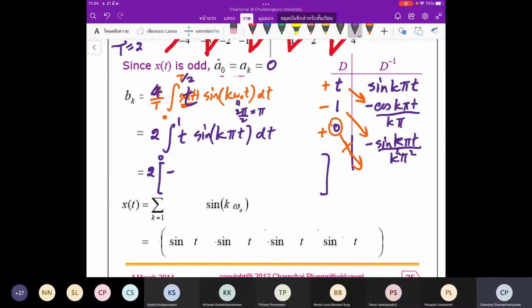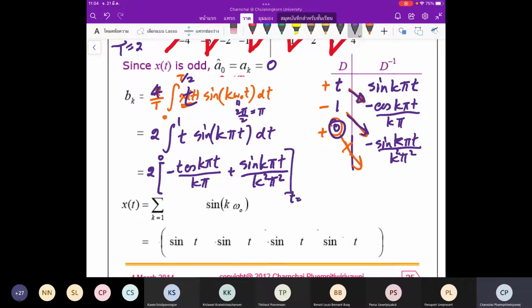We get t times negative cosine k pi t over k pi. And for the second one, negative 1 times negative sine, so positive sine k pi t over k squared pi squared. That's it, because the last one is zero. And you evaluate from 0 to 1.